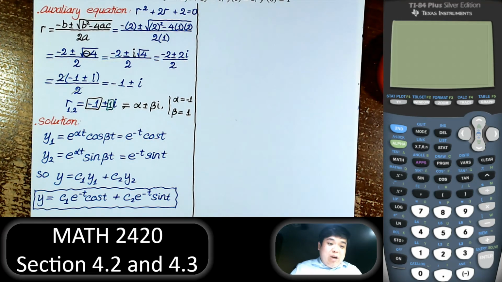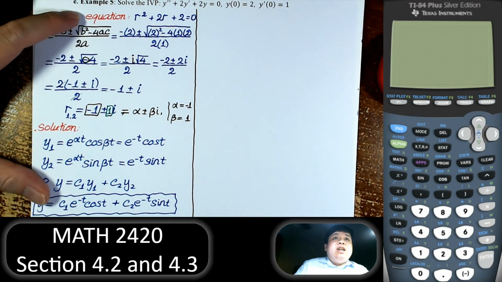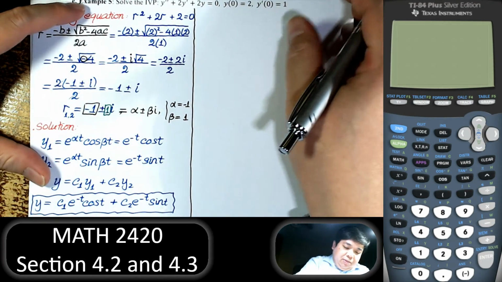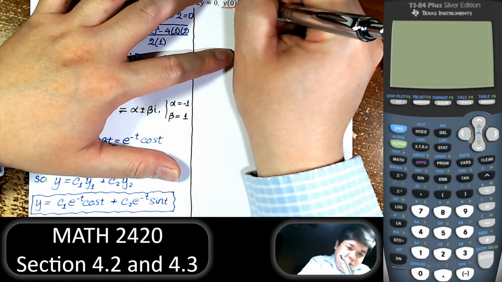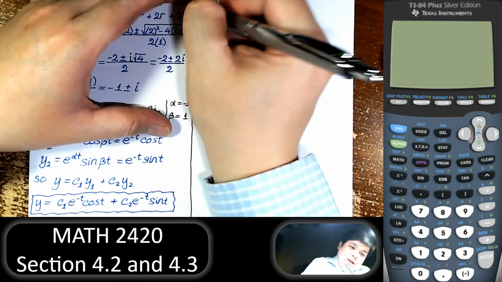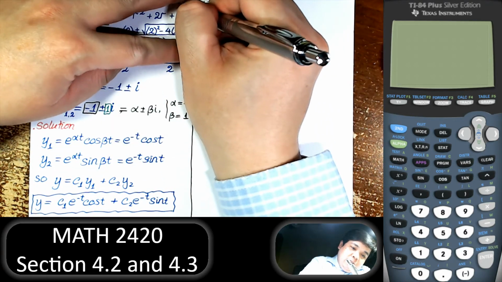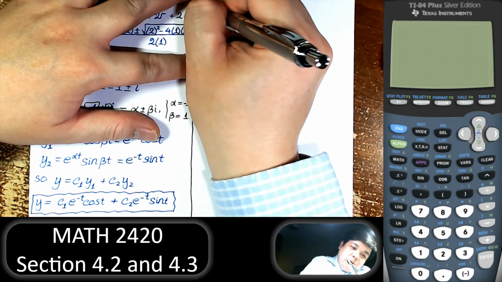Of course, I can zoom out further, but it's kind of difficult to see. Right, so we have this initial condition. So first, y of 0 is equal to 2.